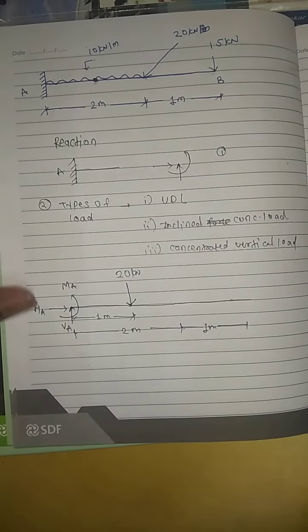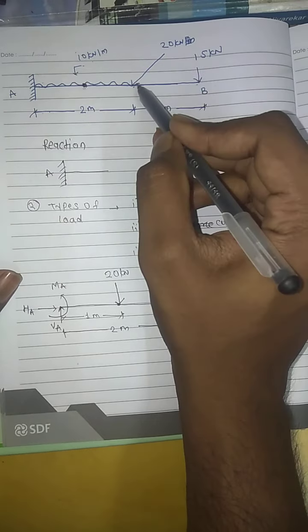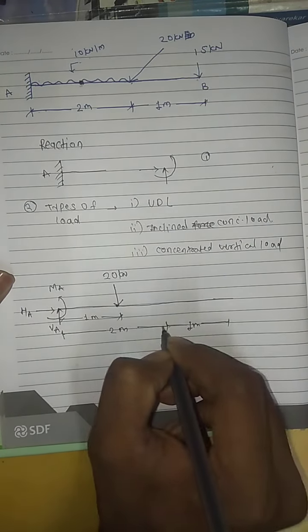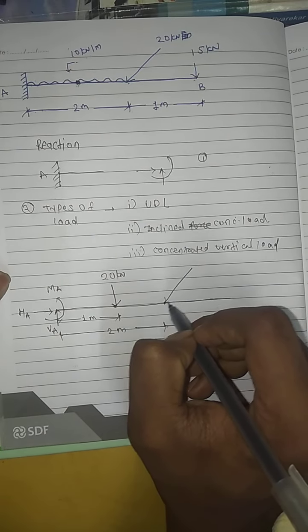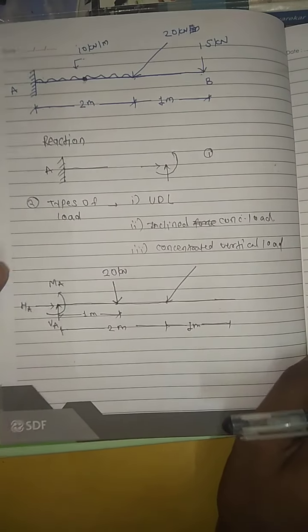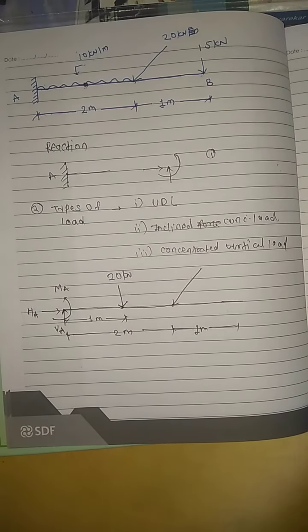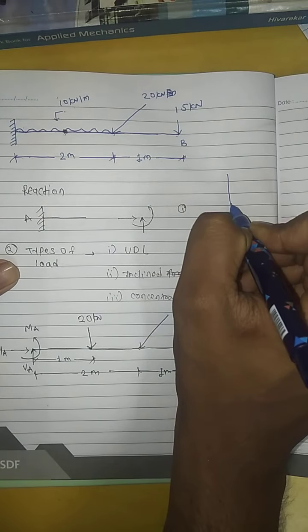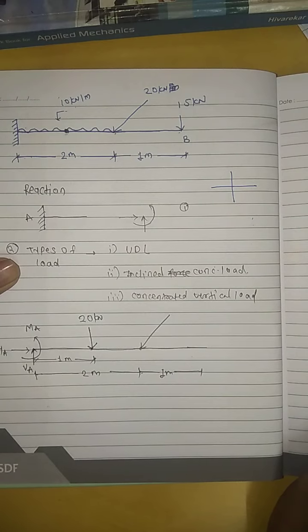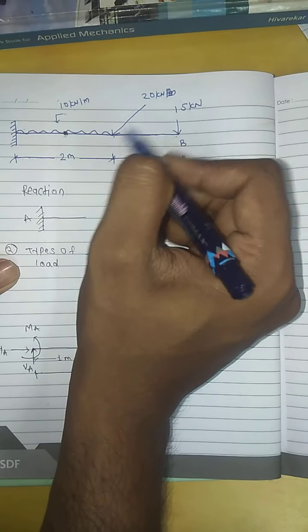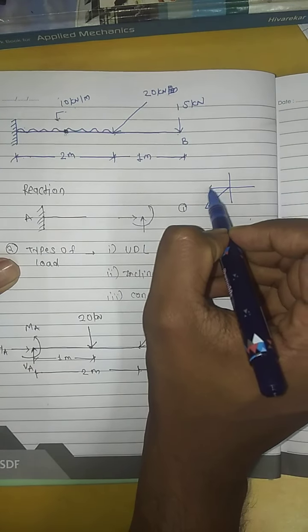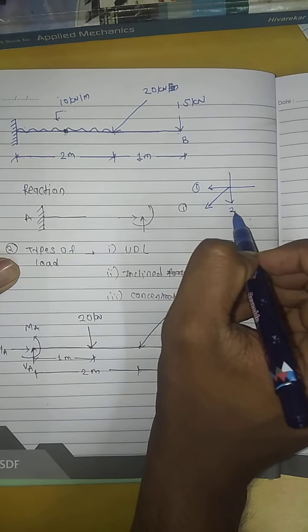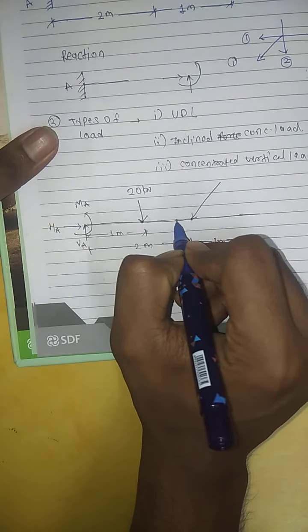Next thing is here an inclined force at a distance of 2 meter, and this load is like this. Just here show like this plus sign, and this is the downward direction. So you have to resolve the forces in these two directions.